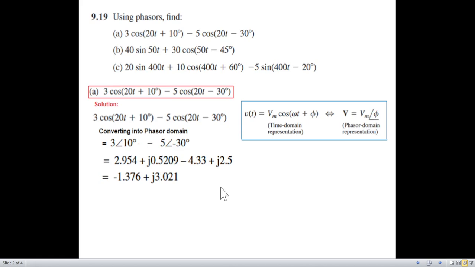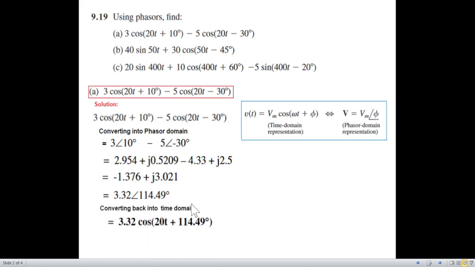Now we want to go back to the time domain. For that, we have to, first of all, convert this into polar form, and then go back to time domain. So let's see what will be the answer in polar form. So this is in polar form. We have magnitude and we have angle.